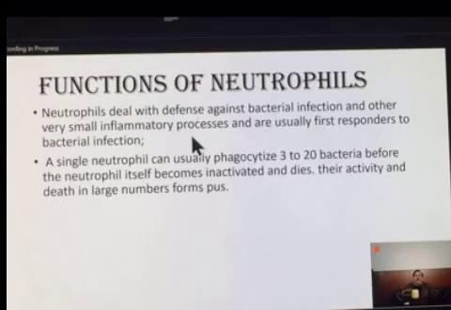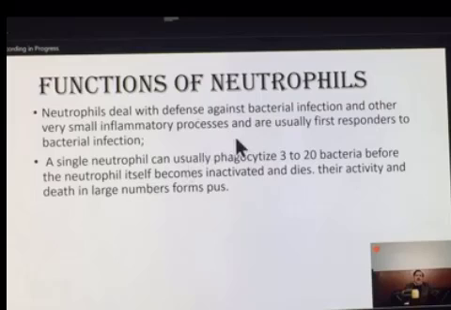Neutrophil is like police. When there is any disturbance in the body, signals are released from that area. The signals work like secret agents. They send information to the bone marrow and all the storehouses of neutrophil, and the neutrophils rush to that area where germs or infectious agents are present.